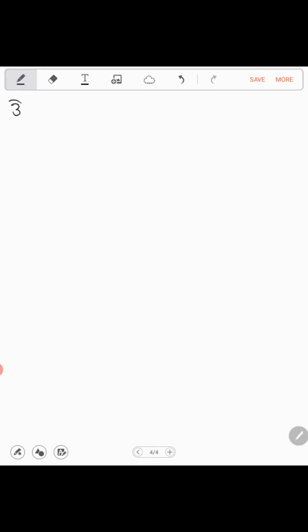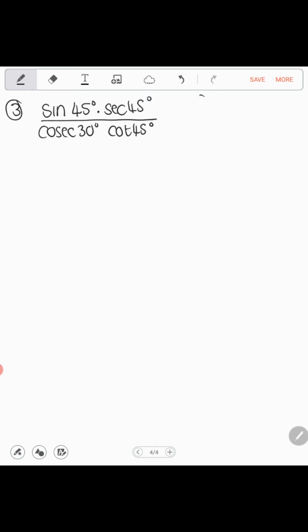All right, final example of special angles. Let's try sine 45 times sec 45 over cosec 30 times cot 45. Okay, so what I need to know are SOHCAHTOA. So that would be written on your page.